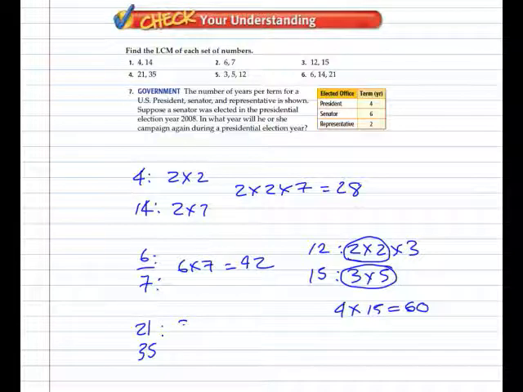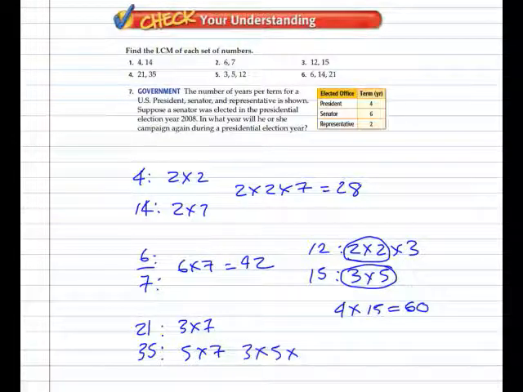Number 4, 21 and 35. 21 is 3 times 7. 35 is 5 times 7. So 3 times 5 times 7, which is 21 times 5, or 105.